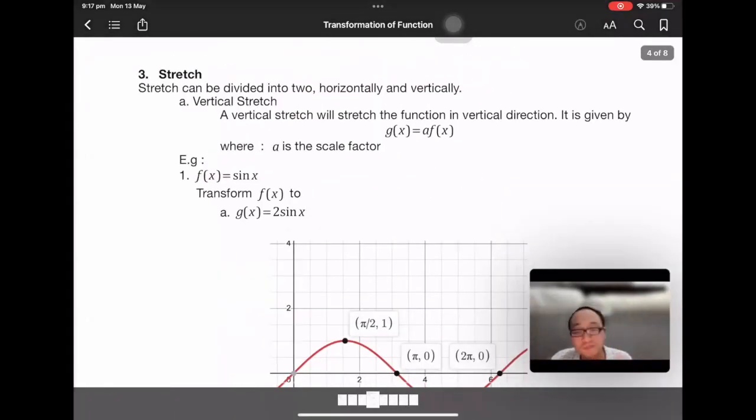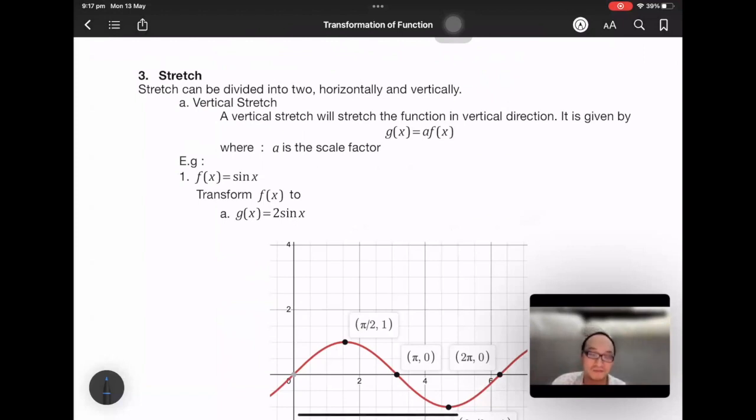Next, stretch. Now the stretch is an enlargement in one dimension only. So either in the x direction horizontally or in the y direction vertically. So it's only in one direction at one time. If enlargement, we have to stretch it in both directions at the same time.